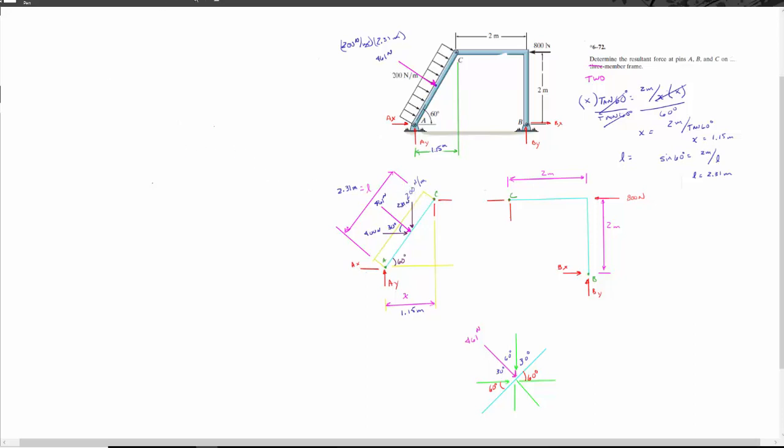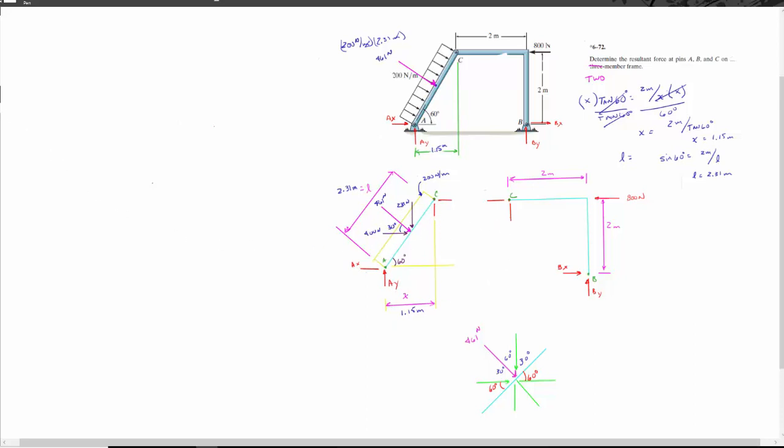I'm going to go ahead and erase this just to get it out of our way. And we know that this distributed load then was 200 newton meters. So that's how I got everything now. I've solved for every distance I need and so forth.